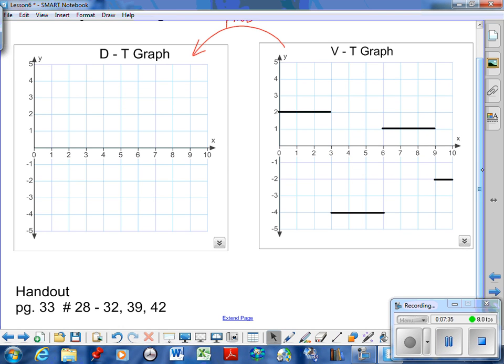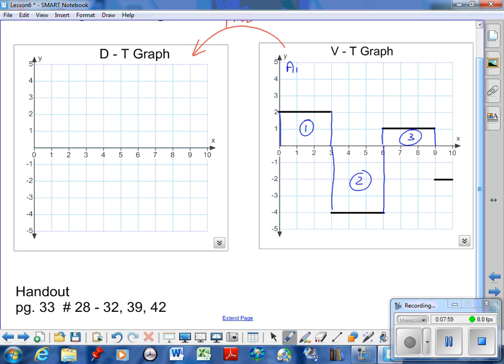So, how do we find our DT graph? We need to find the area of every segment under the graph. So that means I'd have to find the area here. So that's area 1. I would have to find this area, which is area 2, and this area, which is area 3. Okay?